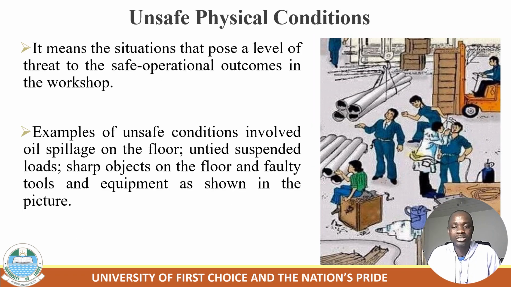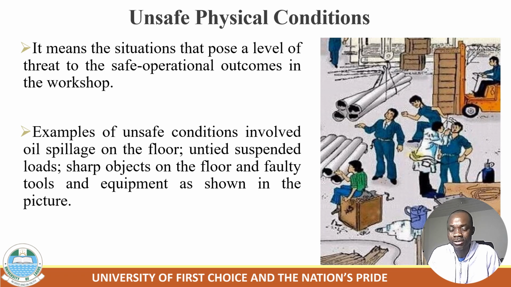Unsafe physical conditions. Unsafe physical conditions means a situation that possesses a level of threat to safe operational outcome in the workshop. An example, as you look at this diagram, is the suspended load.